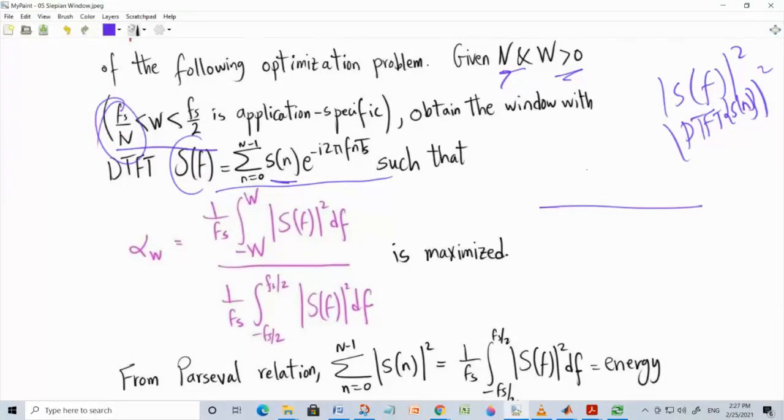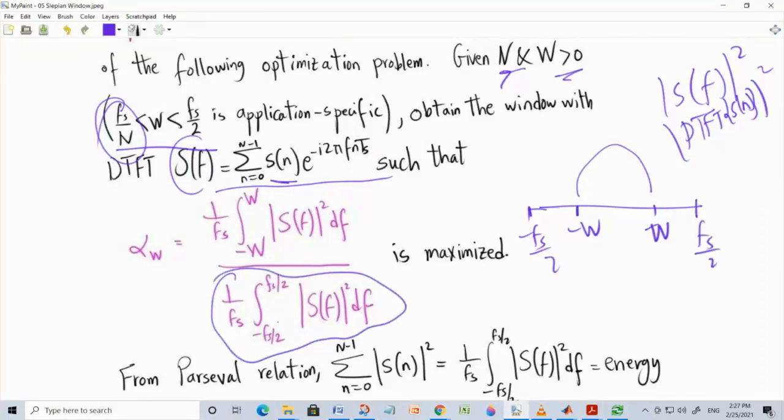In the denominator, we have an integral from minus Fs over 2 to Fs over 2, and you know this from your signals and systems course, that this is the summation of the magnitude squared of the samples. That's the total energy of the signal.